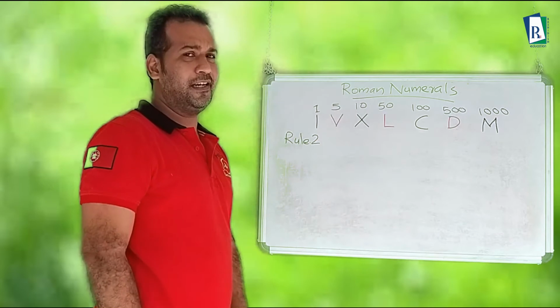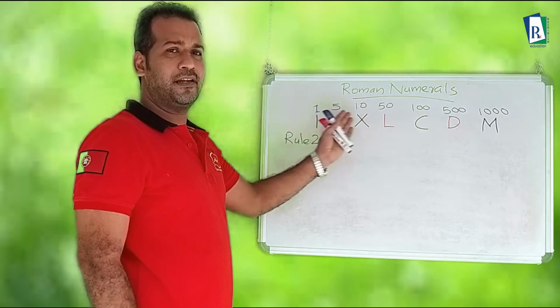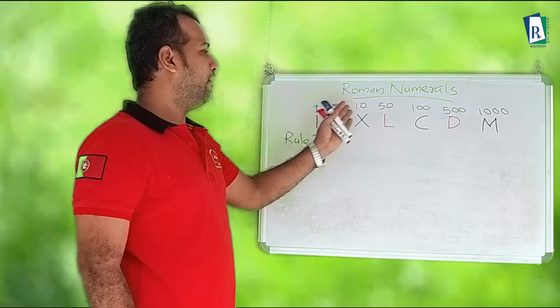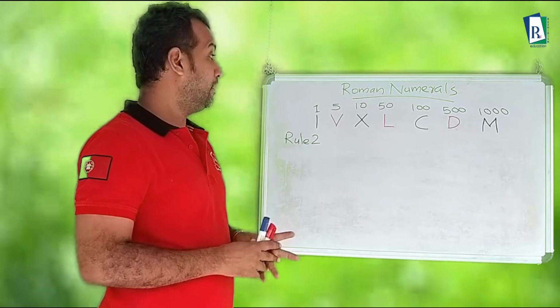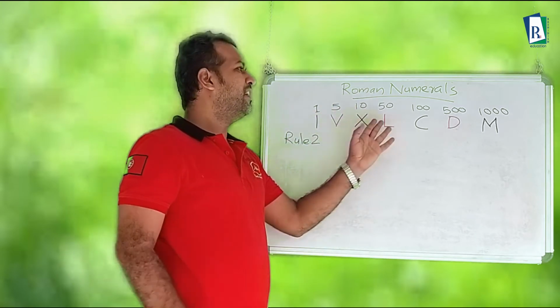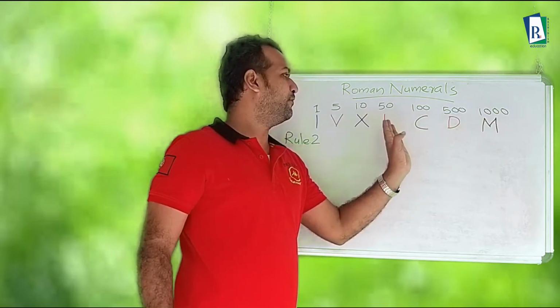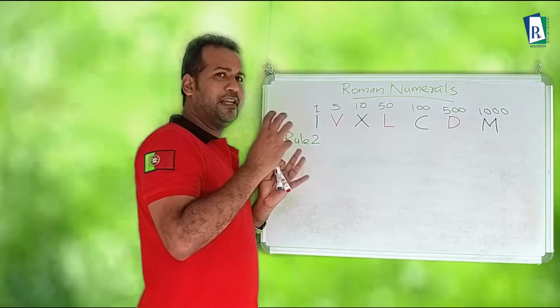We are not using them in daily life. But 1, 5 and 10, we are using in Roman numerals in our daily lives, but we are not familiar with 50, 100, 500 and 1000. Just to remember, I am giving a clue.